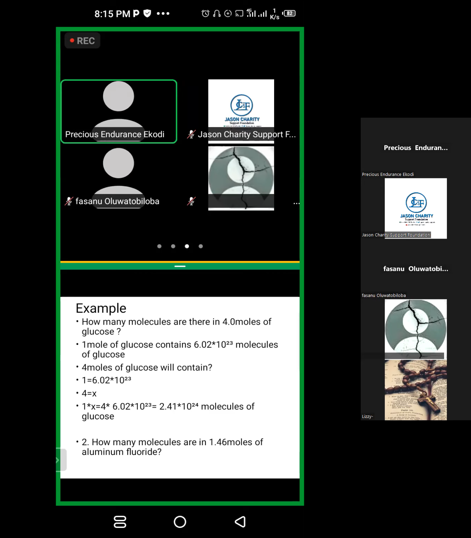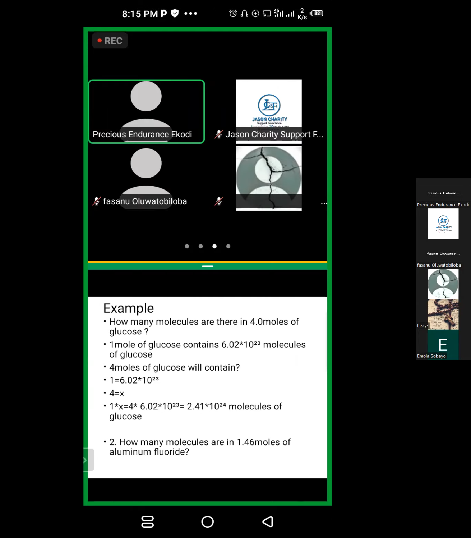Fasonu Oluwatobi, please. We have aluminum fluoride. How many moles of aluminum fluoride do we have? Or how many molecules of aluminum fluoride do we have in 1 mole of it?